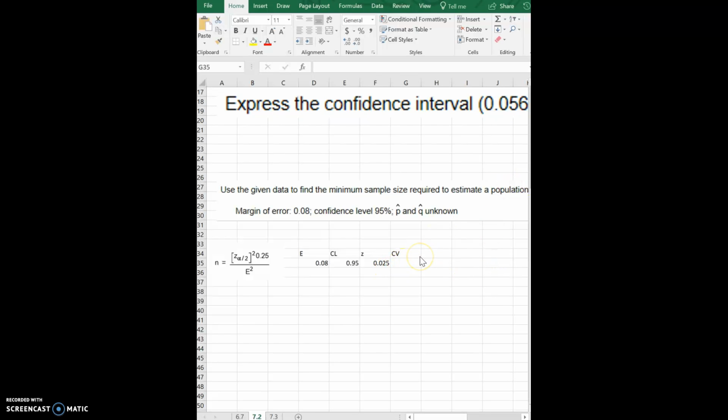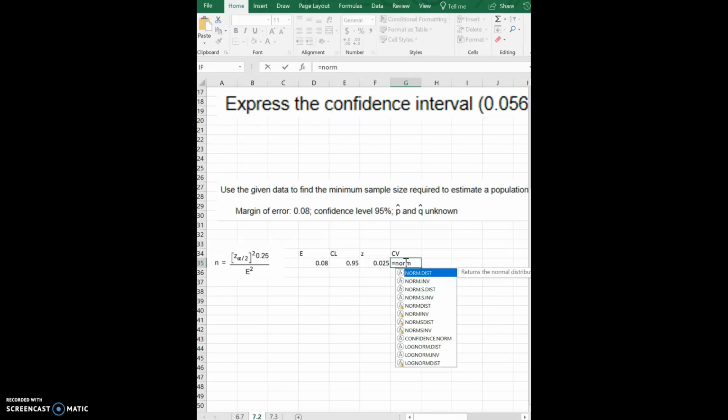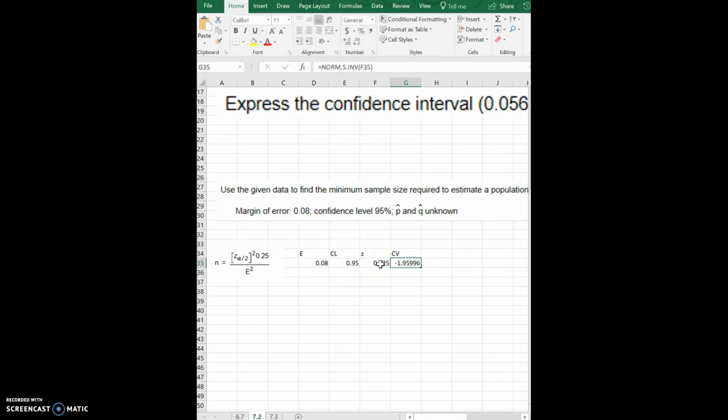So norm.inv equals norm.s.inv, and then you use your z. And it gives it to you in a negative number. So here's how you fix that, because you always are going to have this as a positive number typically. So you're going to do -1 times, and it'll give it to you as a positive number instead.